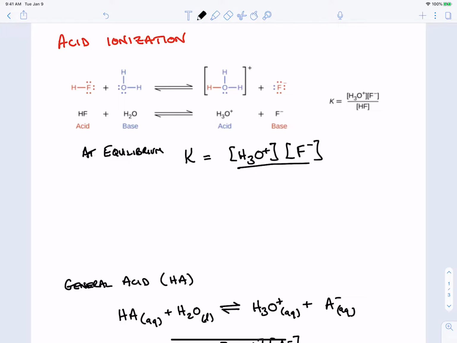And then this is going to be divided by the reactants and the concentration of HF, which is the acid in this case. And of course H2O, which is a liquid, does not appear in this equation because H2O, being a liquid, has an activity of 1, therefore it does not appear. And these concentrations are concentrations at equilibrium.